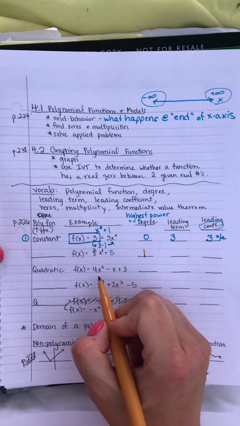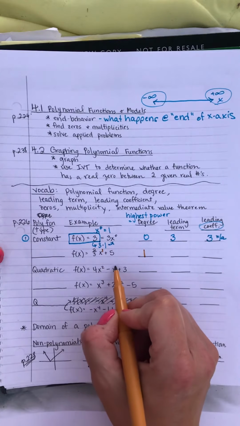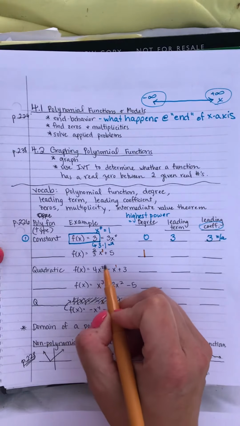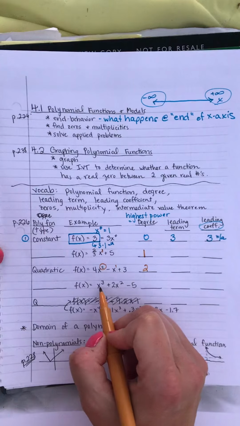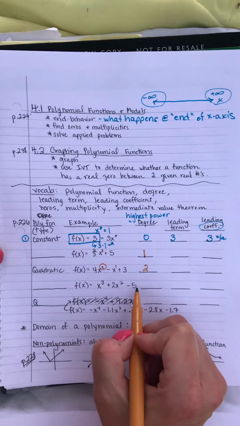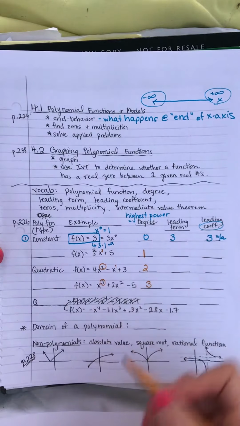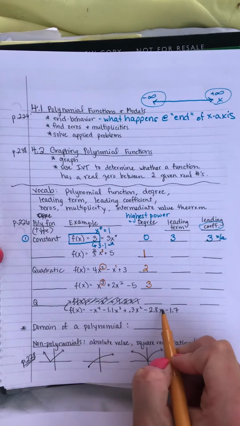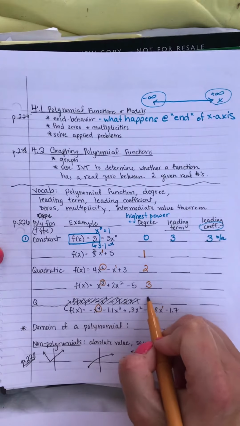So I look at this next function. It's a quadratic. Here we have x squared, x to the first power, and technically x to the 0. Our highest power is 2, so that would be my degree. Here, highest power, it would be 3 right there. Then our next one, we have x to the 4th, x cubed, x squared, x to the first power. Our highest power would be 4.